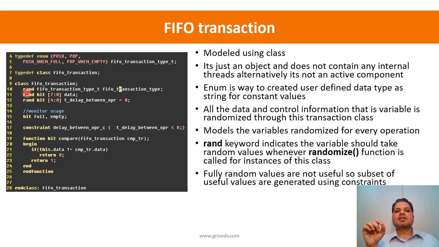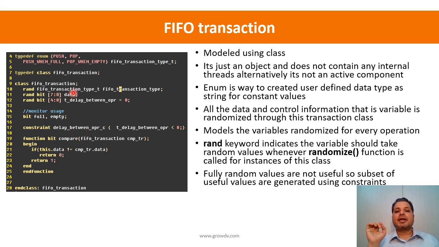The way it works is, if I have some variables, also called properties, within the class declared with the keyword rand, whenever I call the randomize function on any object of this class, then depending on the data type and the constraints, they will take any random value from the subset of values that this variable can take, right?